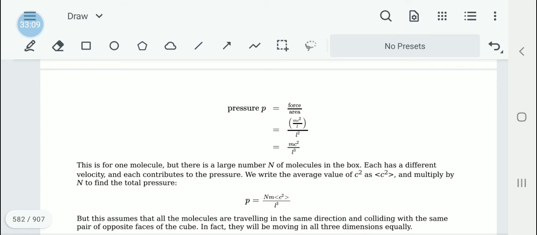When taken for all the N molecules, with different molecules having different velocities, c squared should be the average of all the velocities, and it is written like this.